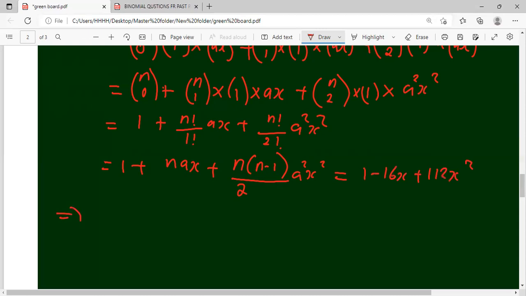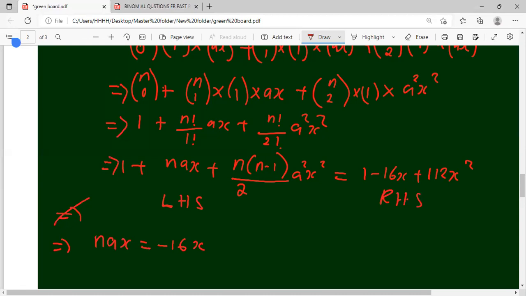So what does it mean? This implies that 1 is equal to 1, but this is our left-hand side, and this is our right-hand side. So equating the terms on the left-hand side and the right-hand side, the first term is equal to first term, second term is equal to second term. So a n x is equal to negative 16x.